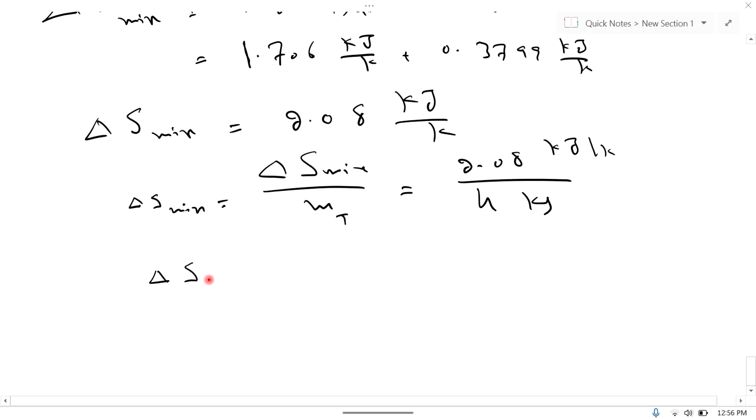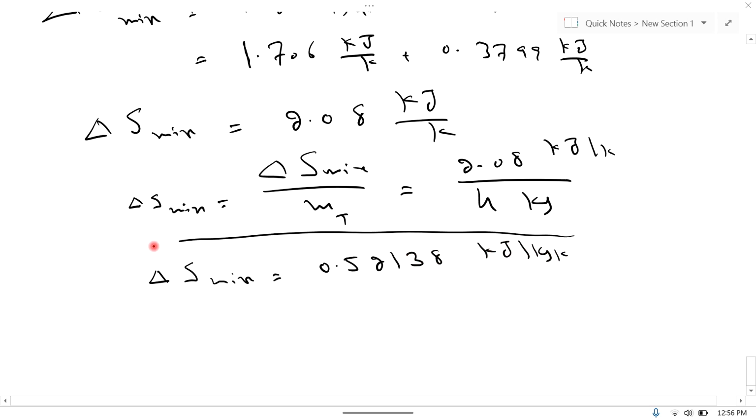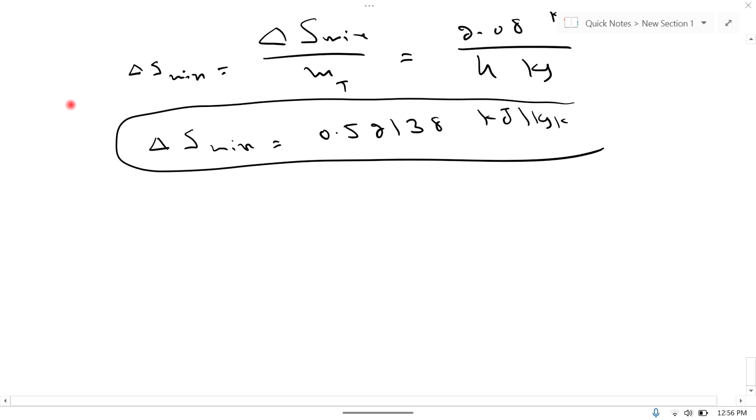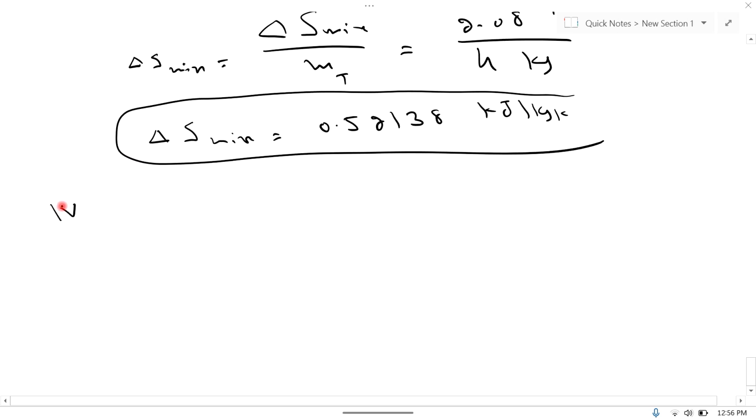So change in entropy of the mixture is equal to 0.52138 kilojoule per kilogram per Kelvin. Now this is the solution of part number 3.